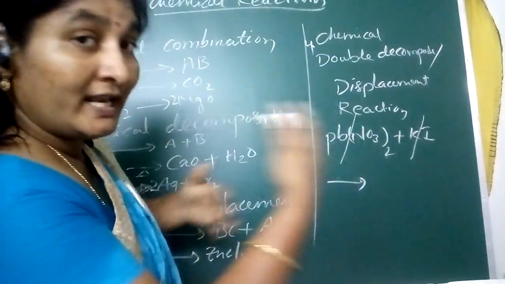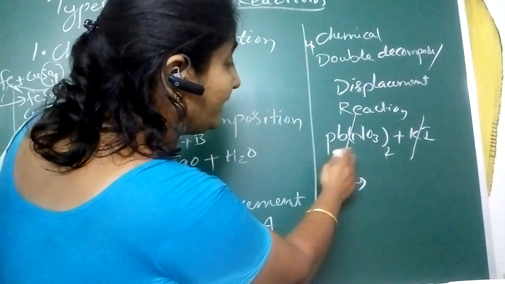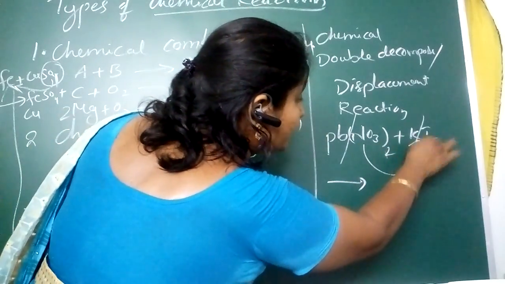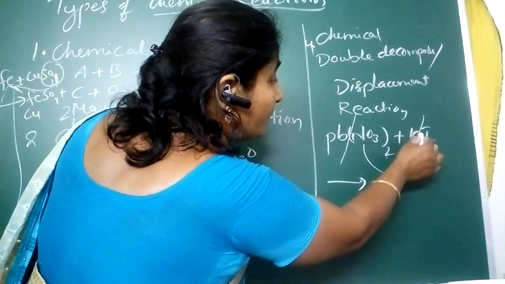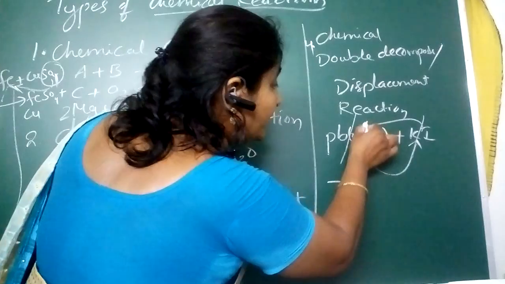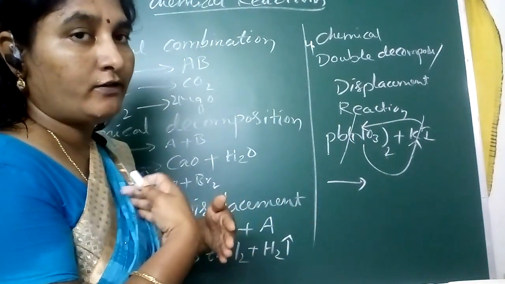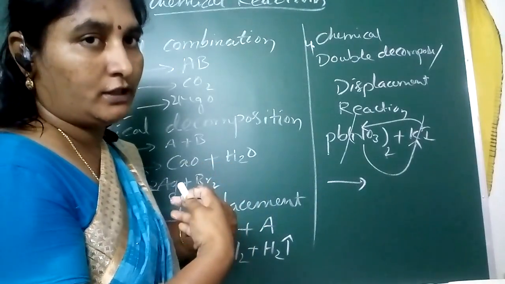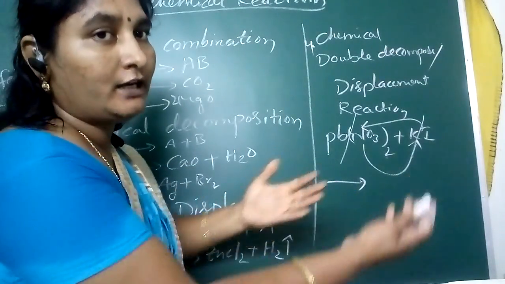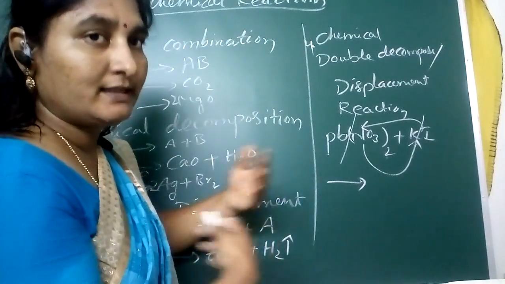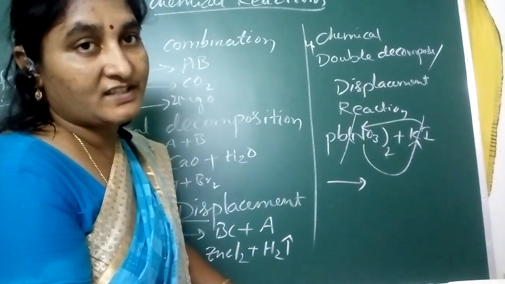Then mutual exchange: this Pb gives nitrate to the potassium and the potassium gives iodine to the Pb. Mutual exchange means if you give an item to your friend, your friend gives you one in return.